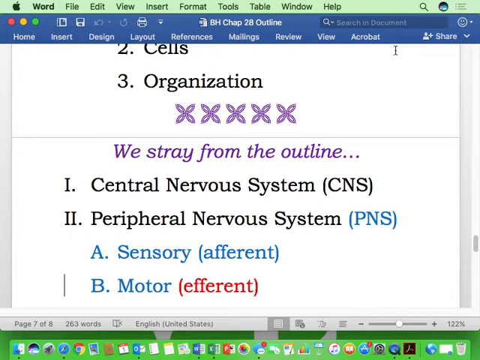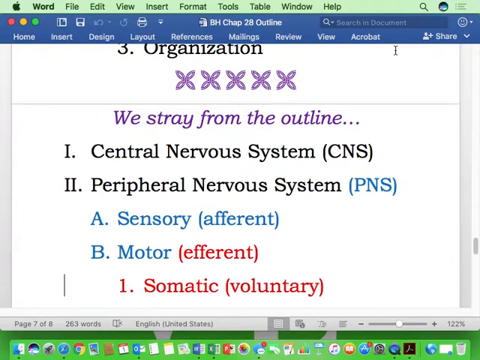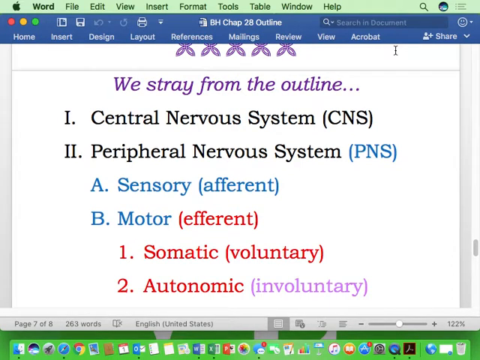The motor division, or efferent division, can further be divided. And this is a term you saw on your RQ for points the other day, into the somatic and the autonomic.